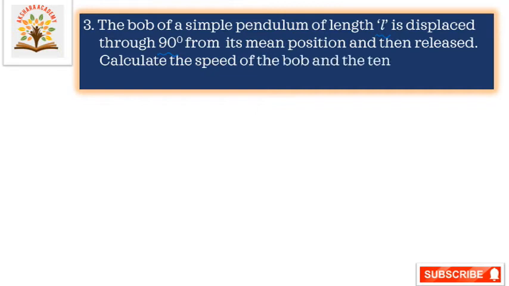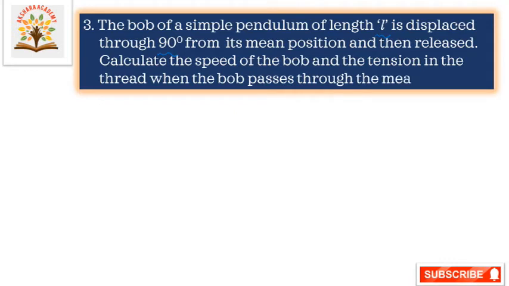Calculate the speed of the bob and the tension in the thread when the bob passes through the mean position. Now let us go to the solution.